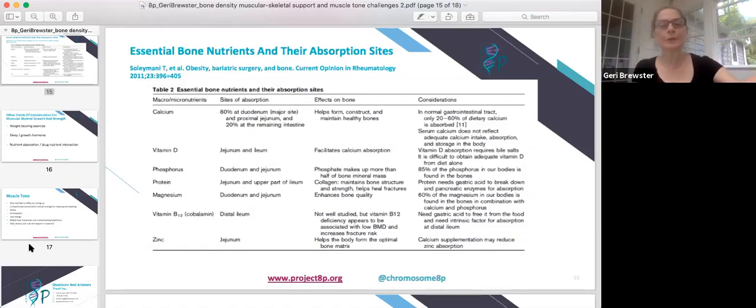It's a nice summary of the macros that I was talking about, referring primarily to protein, as I front loaded in the beginning of this discussion, and some of the micros that I just chatted about. Although I didn't mention zinc specifically. We talked about zinc last time, because it's so vital to gut integrity and hence immune function. And it's also very important for optimal bone matrix.